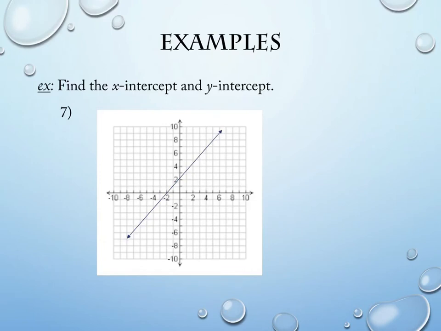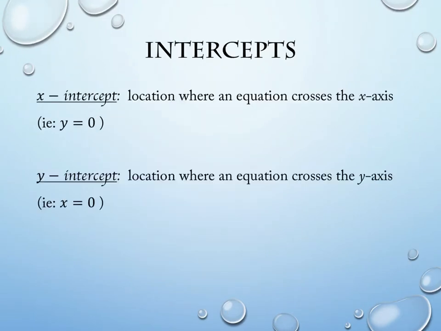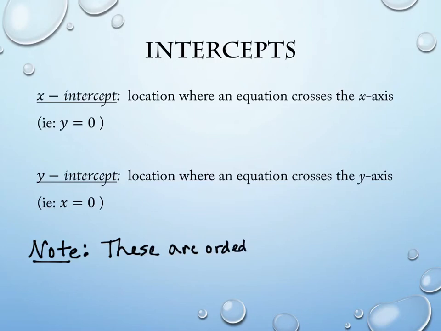And it's asking for the x and the y-intercept. Oh, let me make one note here, and you should as well. These are ordered pairs. And I'll show you what I mean when we get to the next one where I actually give an example, okay? But make your note to yourself, these are ordered pairs.